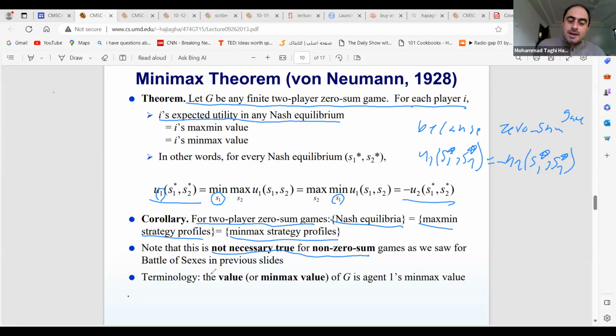Whenever we talk about the value or minimax value of a game, it is agent one's minimax value.